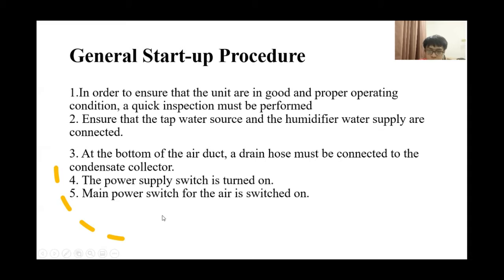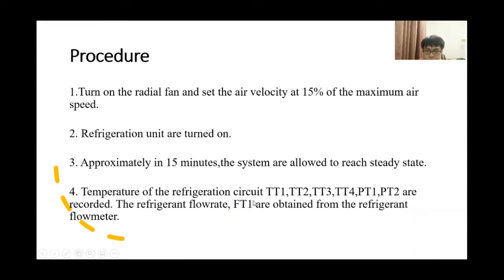Finally, we turn on the power supply switch and also the main power switch for the air. Next is the procedure. First, we need to turn on the radial fan and set the air velocity at 15% of the maximum airspeed.